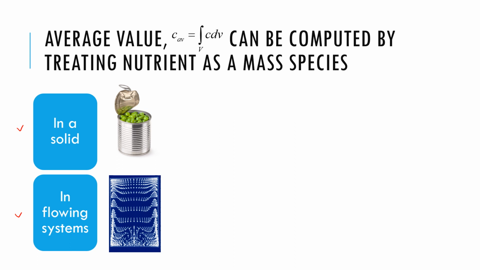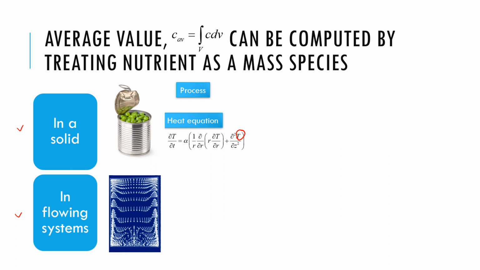So let's look at the first one. For solid, the process model is just heat transfer in solid. So that will be described by the heat equation. The heat equation is going to give me these temperatures. To that, I want to combine the quality kinetics. In this case, the vitamin C degrades as first order.